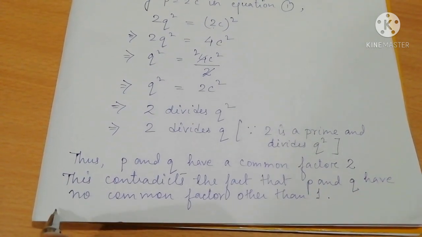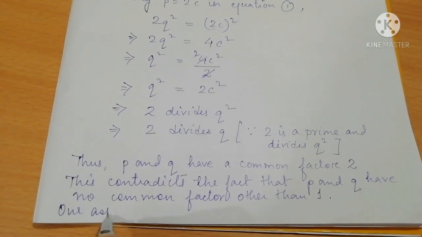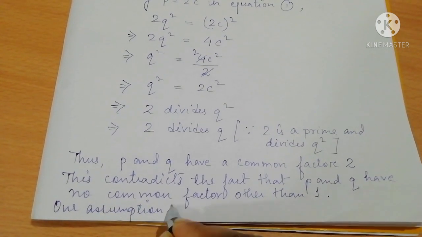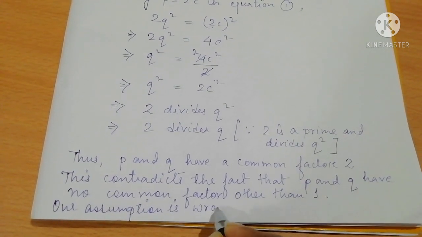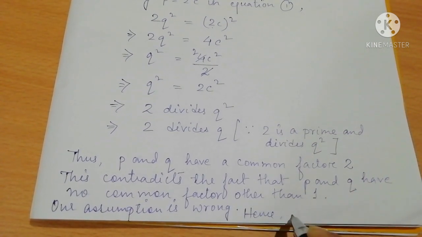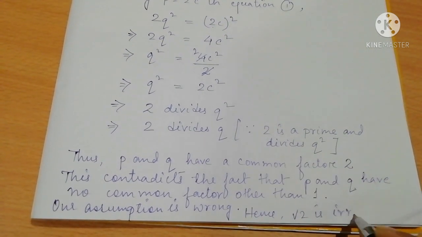That means our assumption is wrong. So if our assumption is wrong, what can we say? Hence root 2 is irrational.